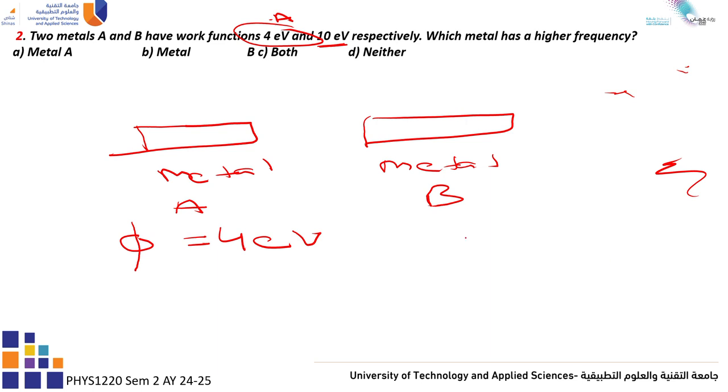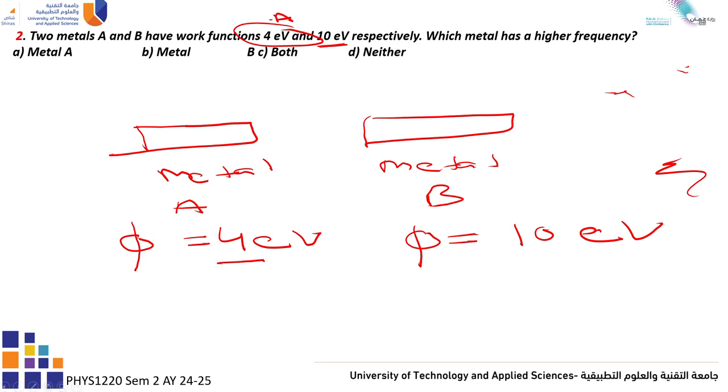So here I am writing the work function of the metal B is 10 electron volt. So it is very clear: the work function of the metal B is higher than the metal A, because it is a 4 number and it is a 10 number.